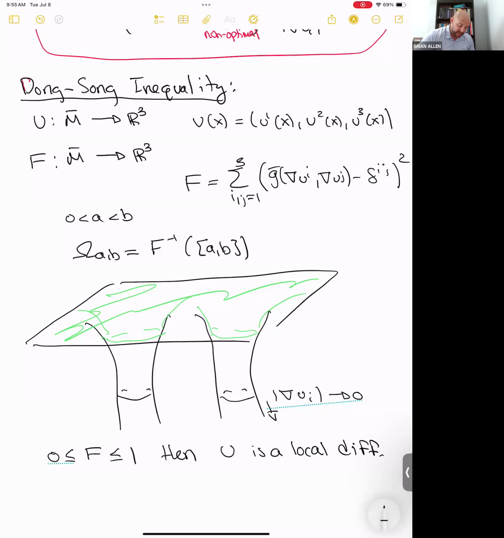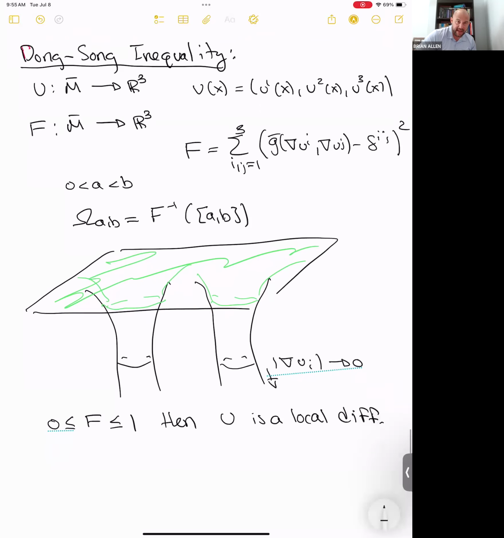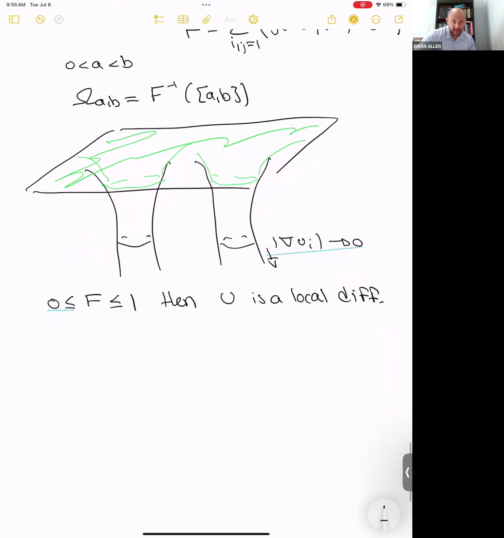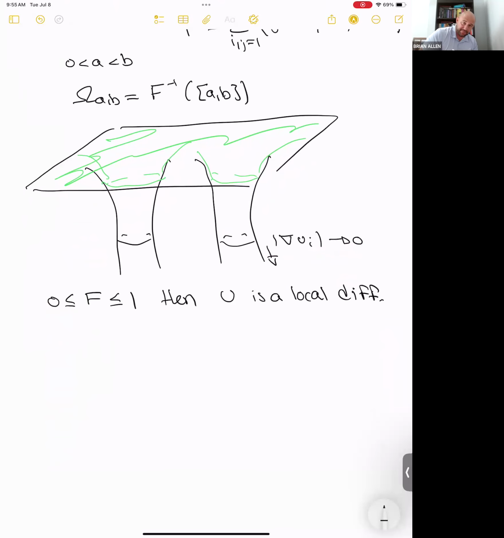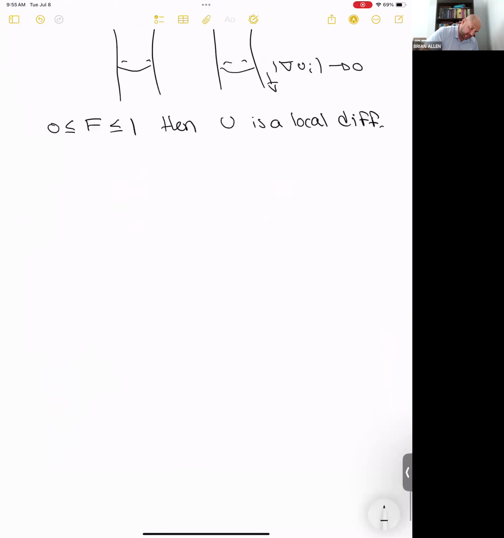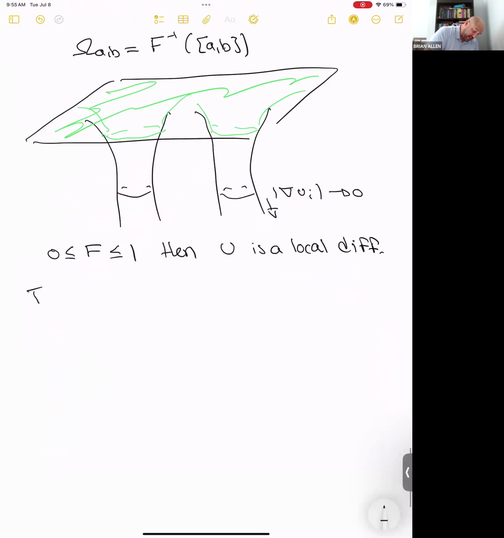And of course, if you pick A and B small, then you're basically asking G bar to be close in the C0 sense, that the metrics are close. So you don't know that it's globally a diffeomorphism, but you at least know that locally you're close in C0 to the flat metric.